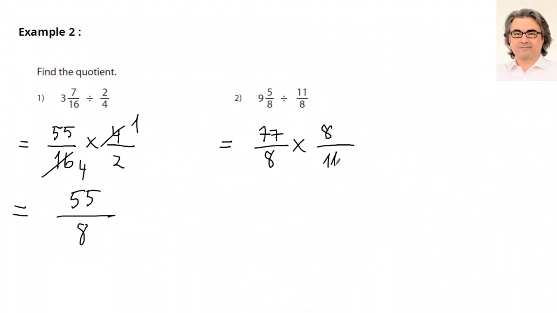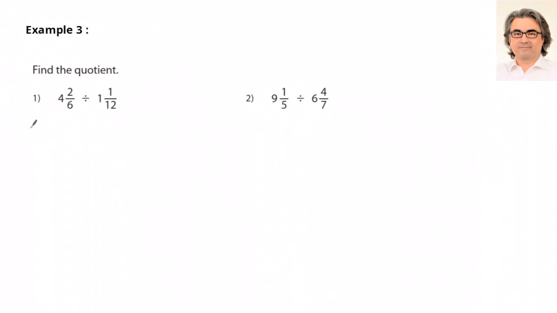Is there any simplification? Yes, of course. Between 8 and 8. 8 over 8 is 1. 77 over 11 is 7. 11 over 11 is 1. So the result is 7 over 1. As you see. Now let's continue with the next page.